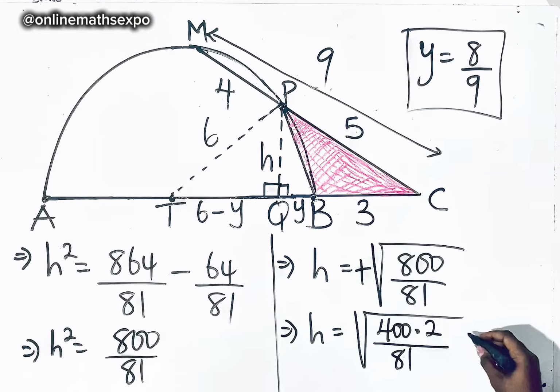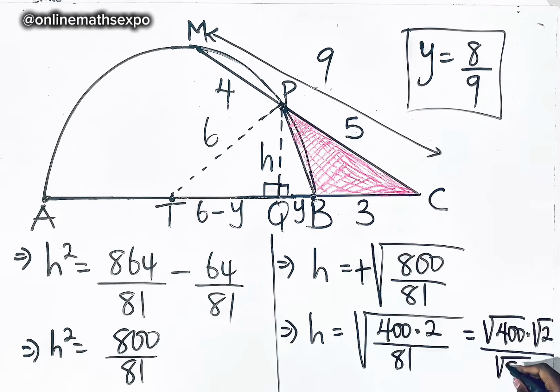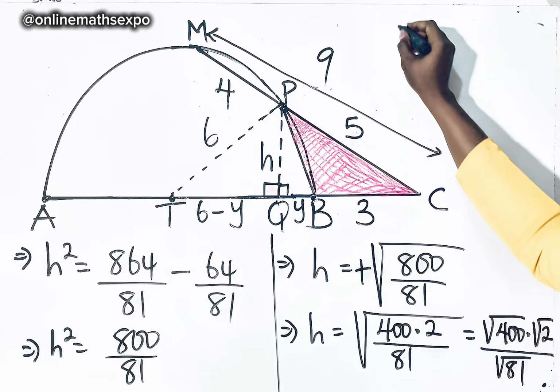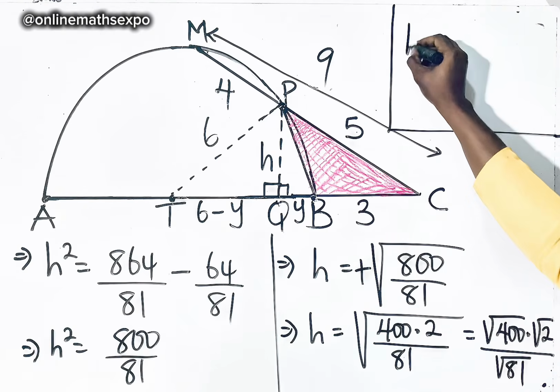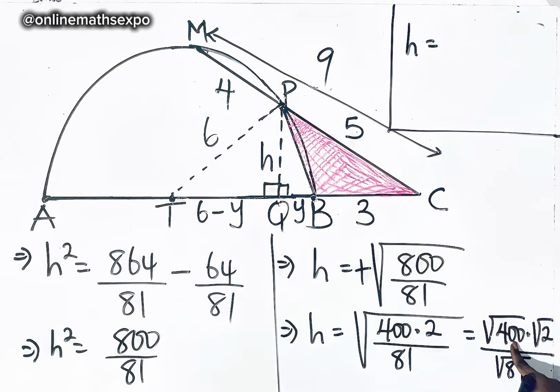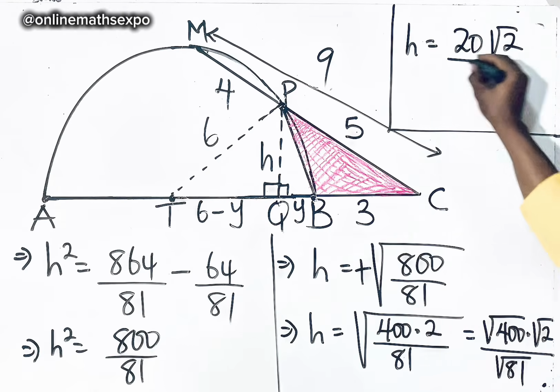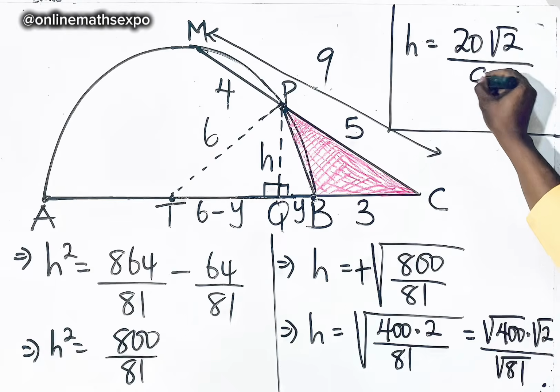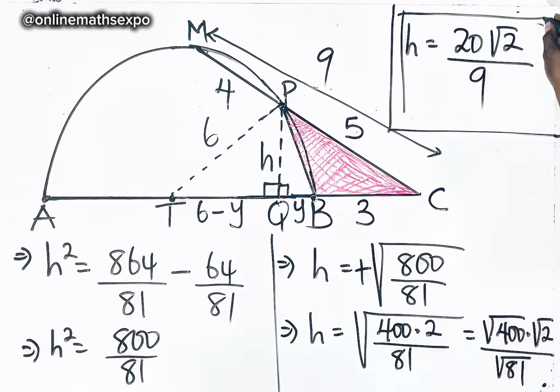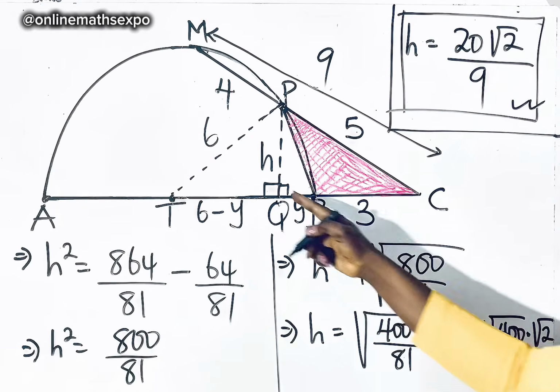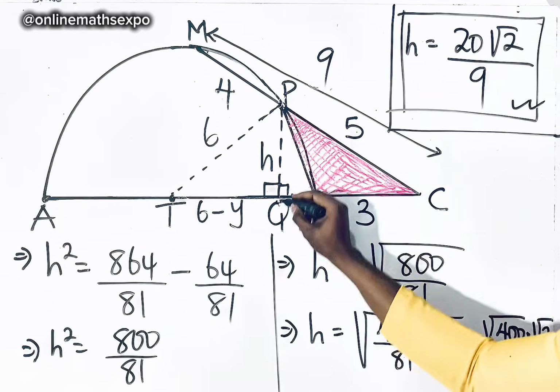If you simplify this, it gives us square root of 400 times square root of 2 divided by square root of 81. The height will give us, square root of 400 is 20, then root 2 divided by square root of 81, which is 9. This gives us the height of this triangle, which is length PQ.